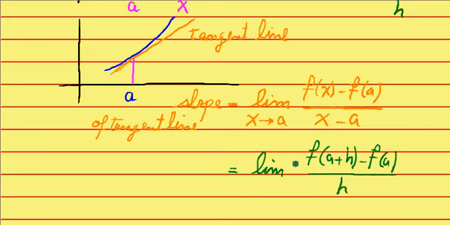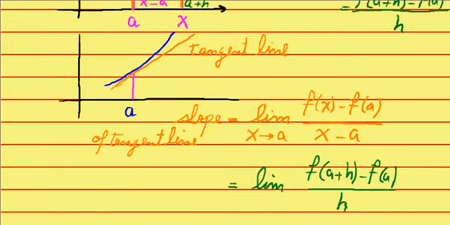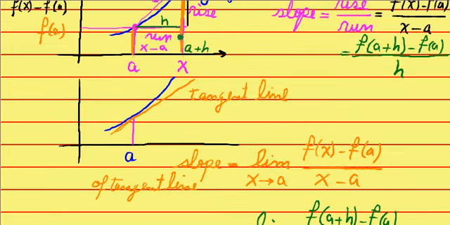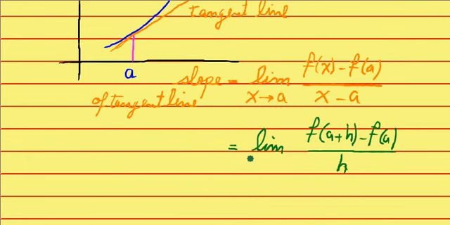All that is left to decide is what should I write here underneath. No longer have an x here. So what's happening? Who is the variable? Variable is our run. We are making our run smaller. What does h tend to? When that point comes close to this point, what does h tend to? Well, h of course tends to 0. So this is a second notation that we have here.